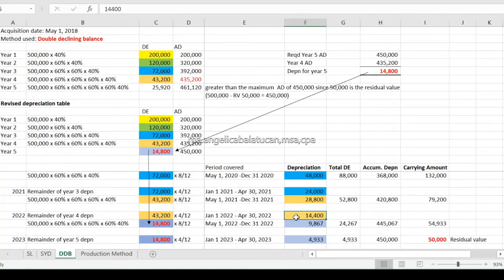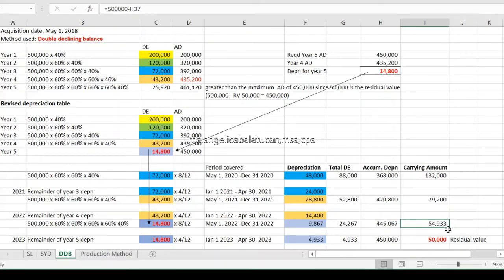You have 14,400, and then now we have the balancing figure to arrive at 450,000. So that's 14,800 times 8 over 12, that's 9,867. So the total would be 24,267. Accumulated depreciation is 445,067.